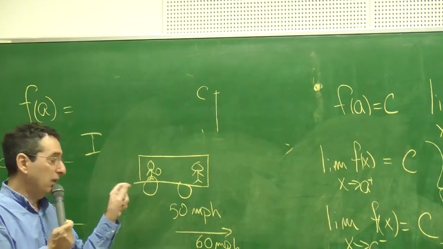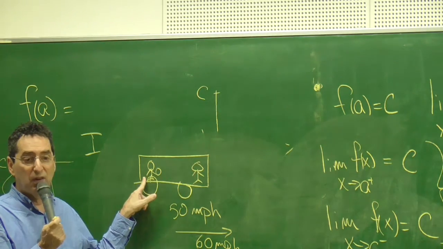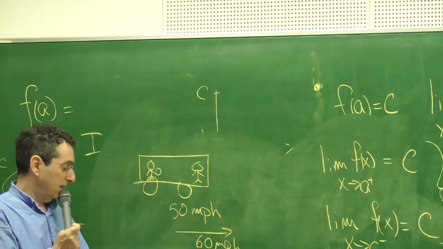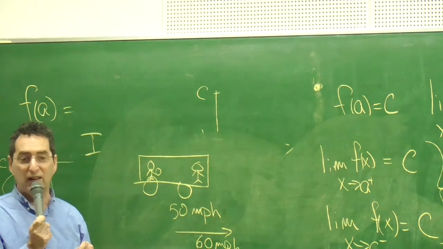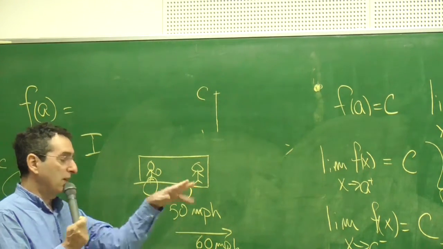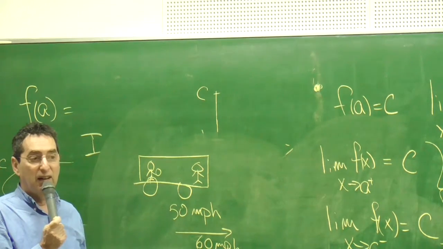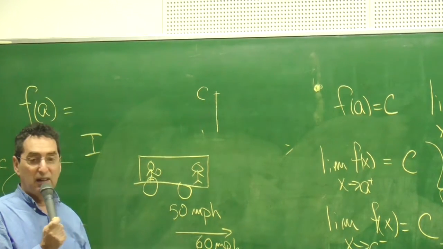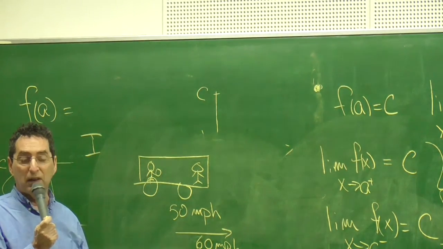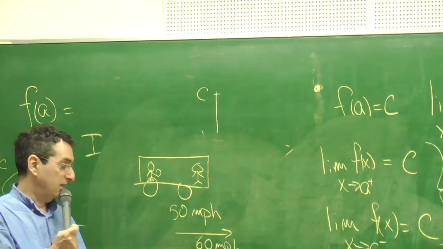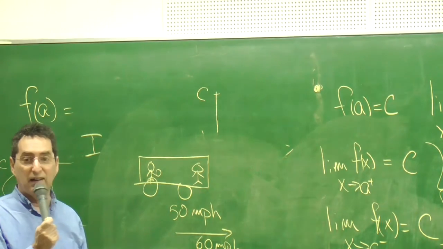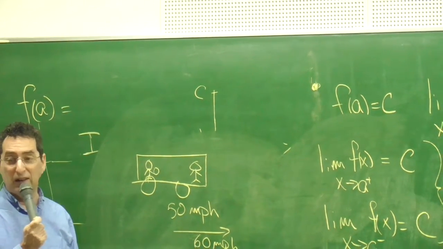So even if this guy doesn't throw the ball, if he just holds it, this person will see the ball moving at 60 miles an hour. And if the guy throws it at 50, then he will see the ball moving at 50 plus 60, 110, right?